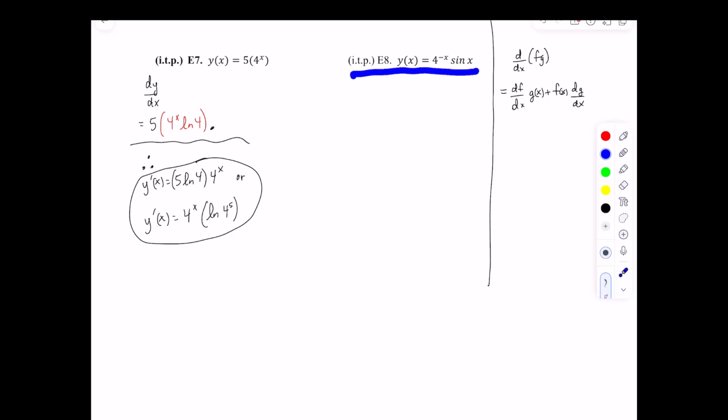This example here requires the product rule. A reminder, that's how I perform my product rule. I like to differentiate right away. Now, when you differentiate this, you do need to remember the chain rule.